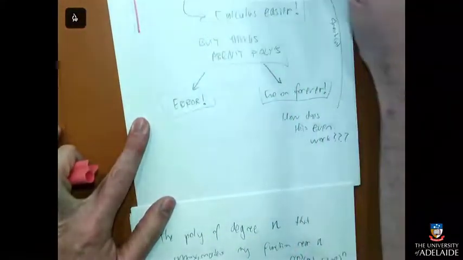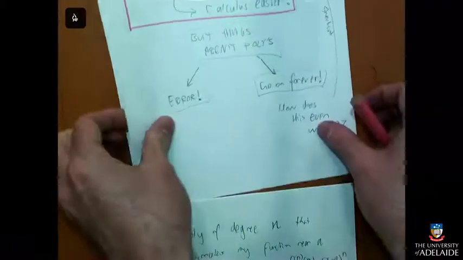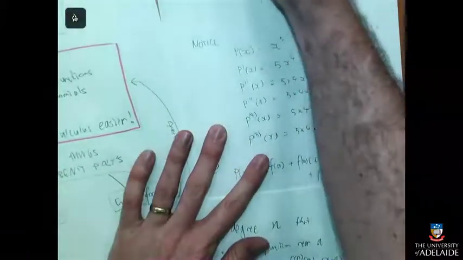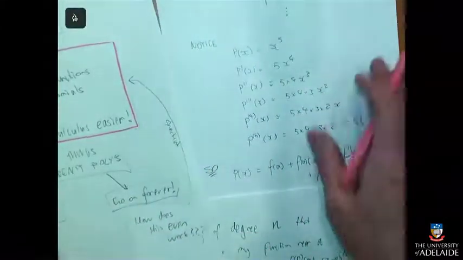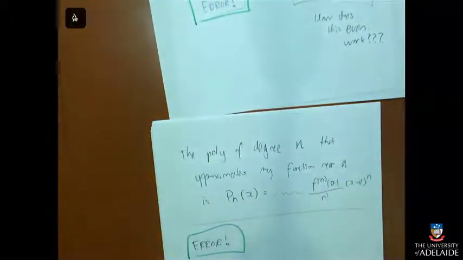Just to colour code this, that's the bit we did first. And that was what we were doing here. A big idea. And now we're doing this bit. Just in case the colour helps you, it certainly helps me.